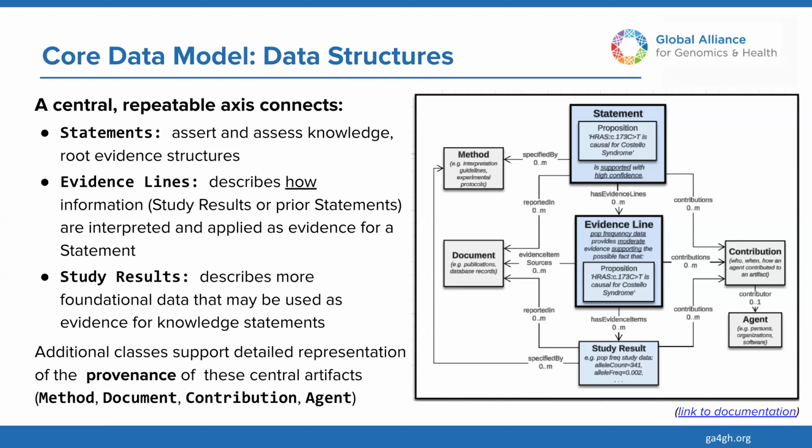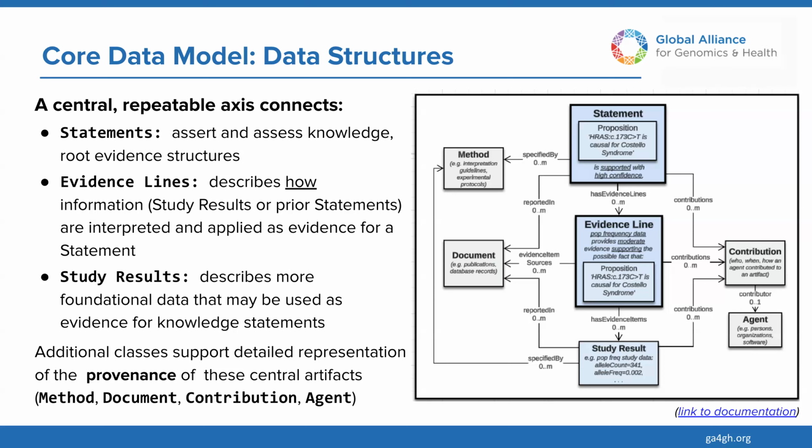Statements are where we capture knowledge that's asserted about a variant, and also any report about the strength or confidence level of that knowledge. So these may report things like a particular HRAS variant is causal for Costello syndrome, and that this is something we have very high confidence in.